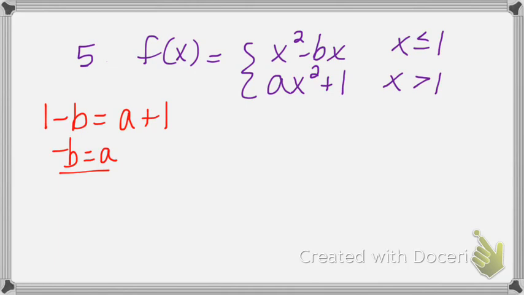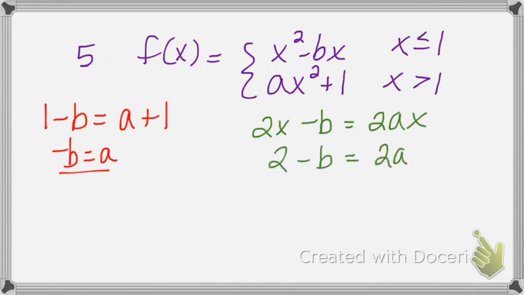Alright, now do the derivative. We would have the derivative of the top be 2x minus b. The derivative of the bottom would be 2ax. Plug in your 1 for x. It won't always be 1, it just happens to be on these two problems. Alright, so now I have another equation with a's and b's in it. And the easiest way usually is just using substitution.